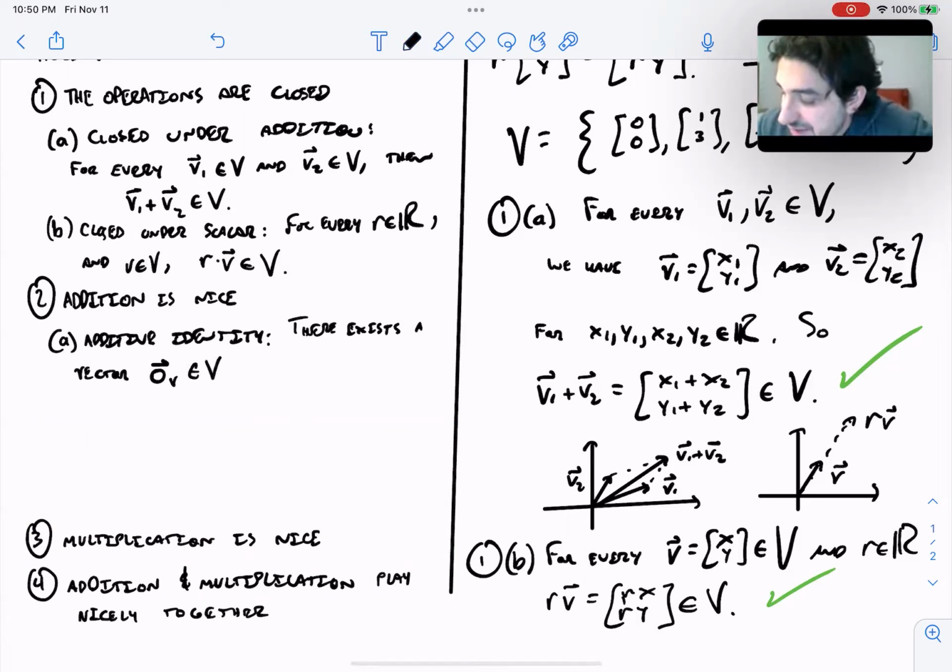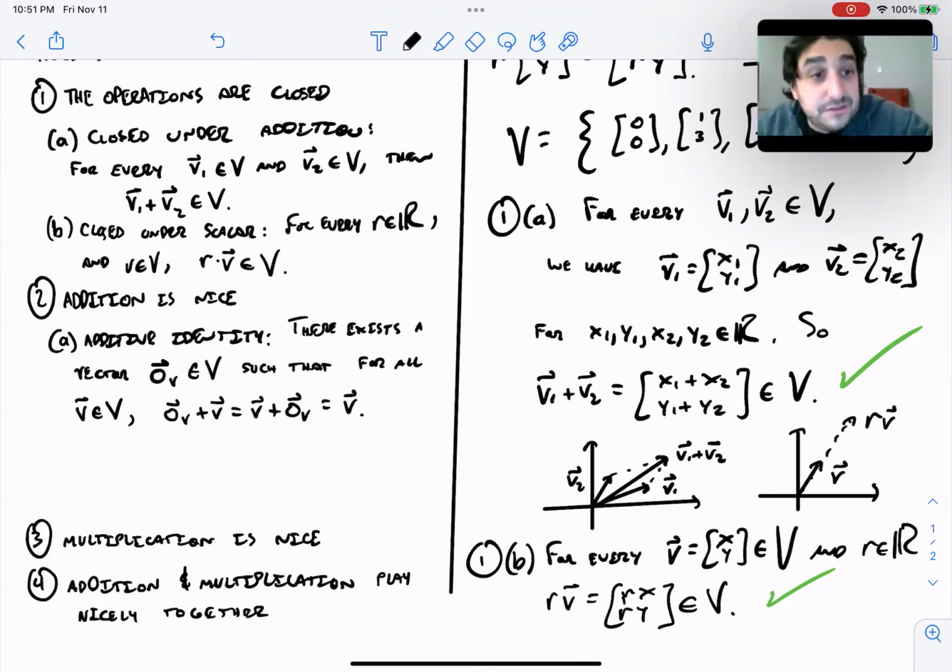But there exists this zero vector such that, what defines the zero vector? Well, it needs to be that no matter what you add it to, for all vectors v, if you add the zero vector to v on the left or on the right, you just get back v. You just get back that original vector. So it's the vector that preserves the identity of any other vector when you add it.